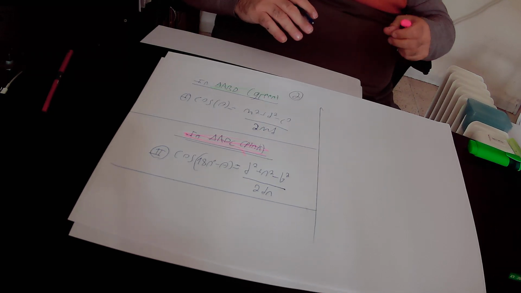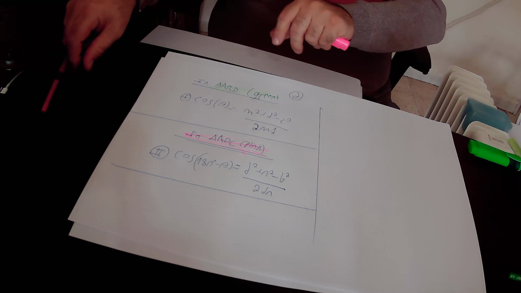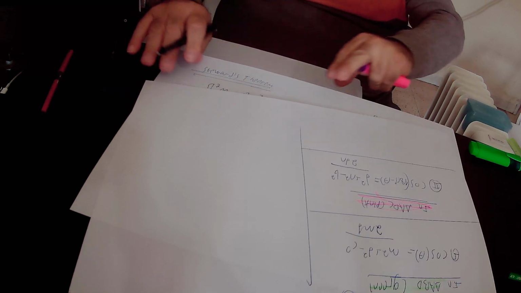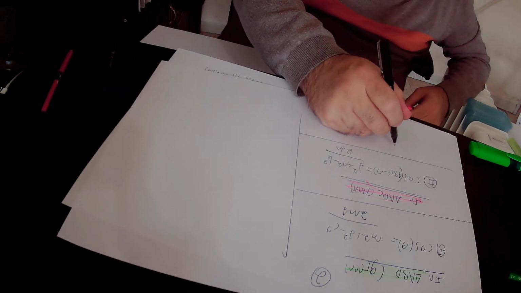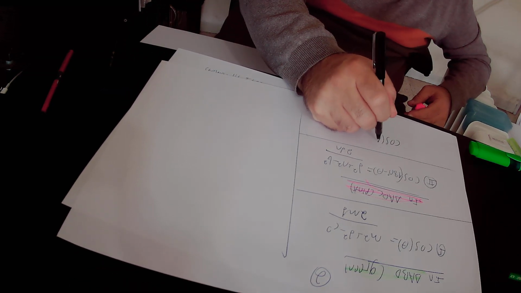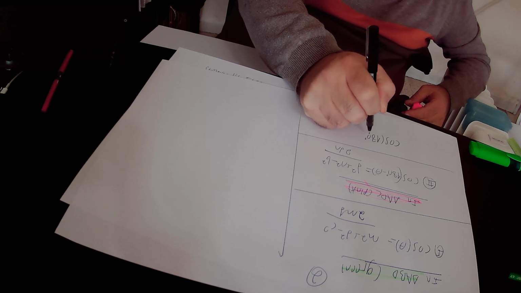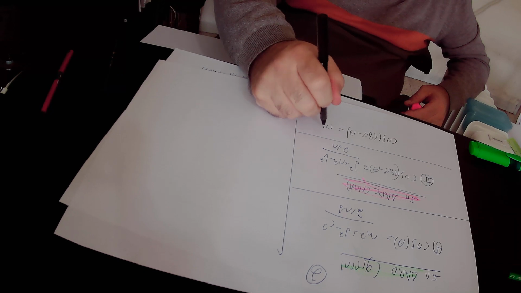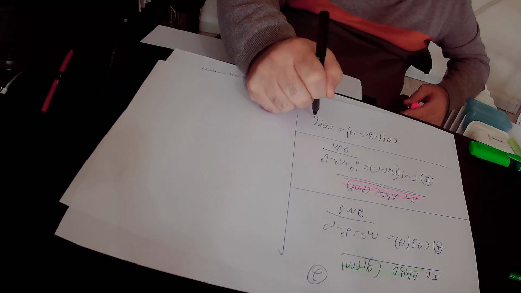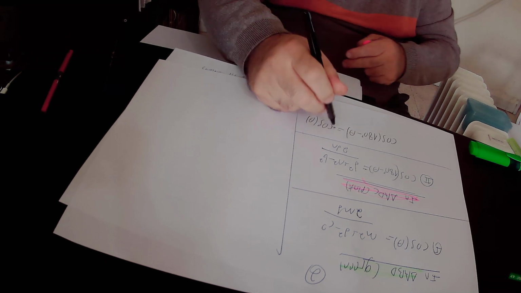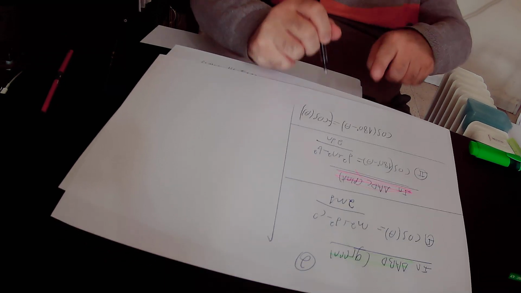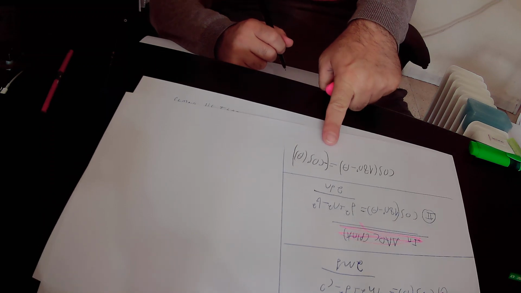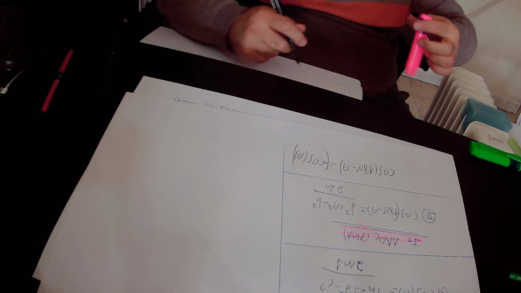Okay, we have the trigonometric identity that cosine 180 degrees minus theta equals minus cosine theta. I repeat again, cosine 180 degrees minus theta equals minus cosine theta.